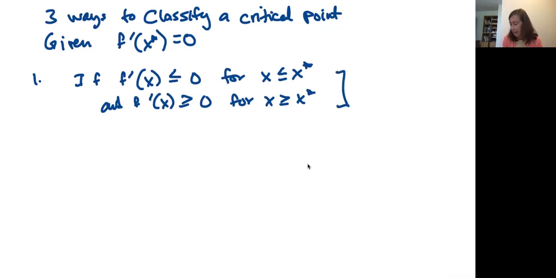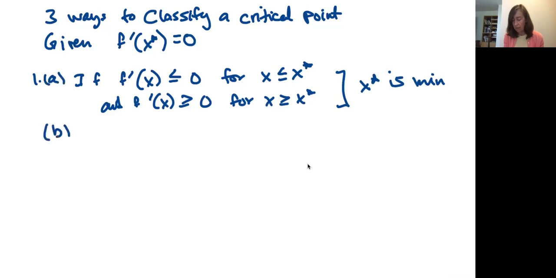That tells us that x star is a min. Or if we're being really careful, we would say x star gives us a minimum value for the function. I'm just going to be a little bit loose and call it a minimum or a minimizer. So that's part A of method 1.